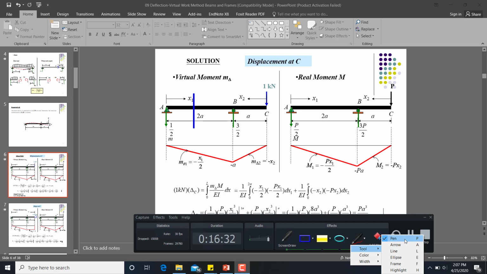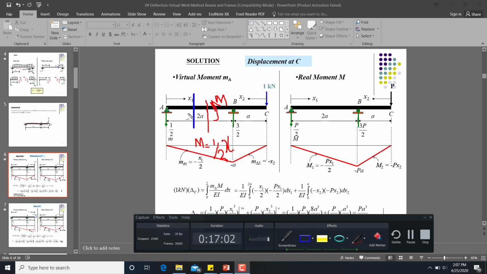So if we draw the section x1, we will calculate the moment m at x, which can easily be calculated as 1 by 2 times x. How can you calculate it?